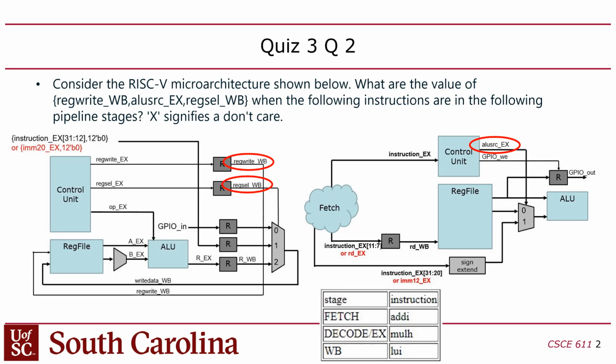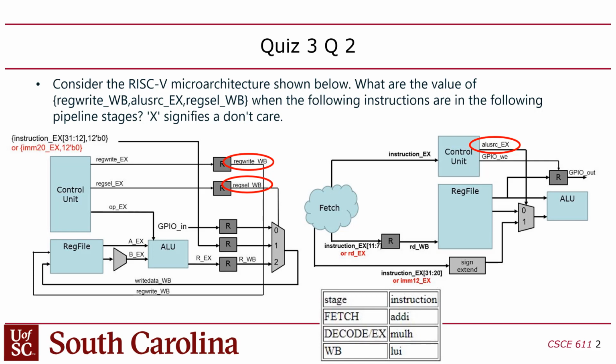Okay, then another question. This is very similar. I just changed the instructions here that are in the stages. Reg write WB would be 1 because LUI is in WB and it writes a register. ALU source EX is corresponding to the mulH, which would be... No, sorry, ALU source, not reg select.